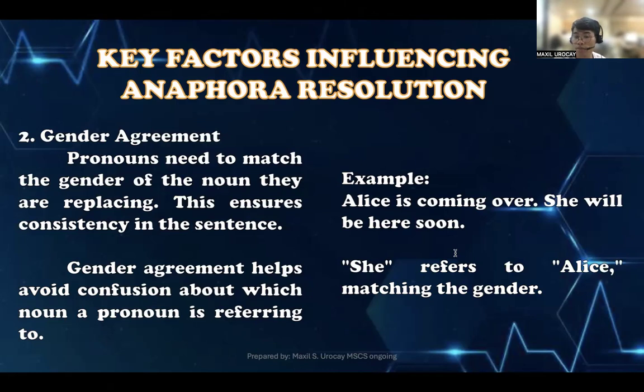So, gender agreement is another crucial factor in anaphora resolution, which means that the pronoun must match the gender of the noun we are trying to replace. The pronoun "she" is clearly referring back to Alice because both are feminine. So, that is really simple.